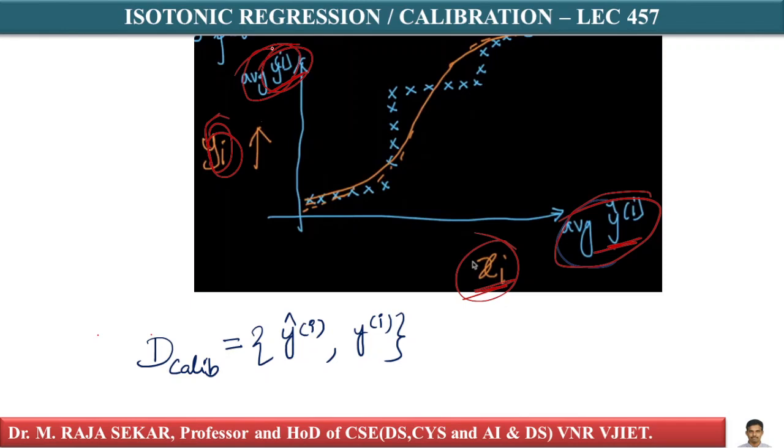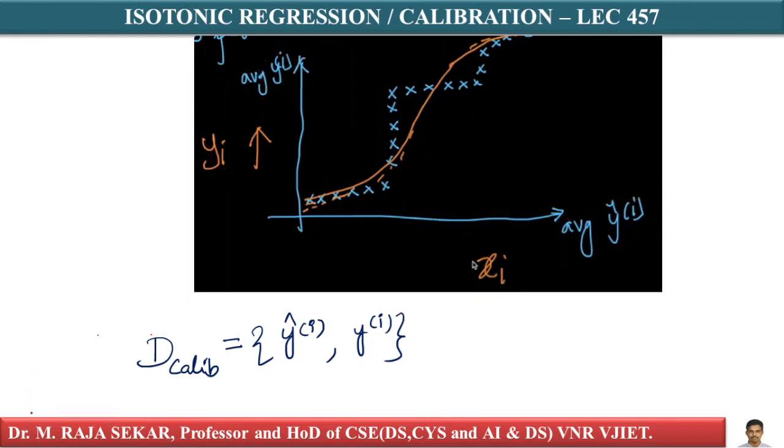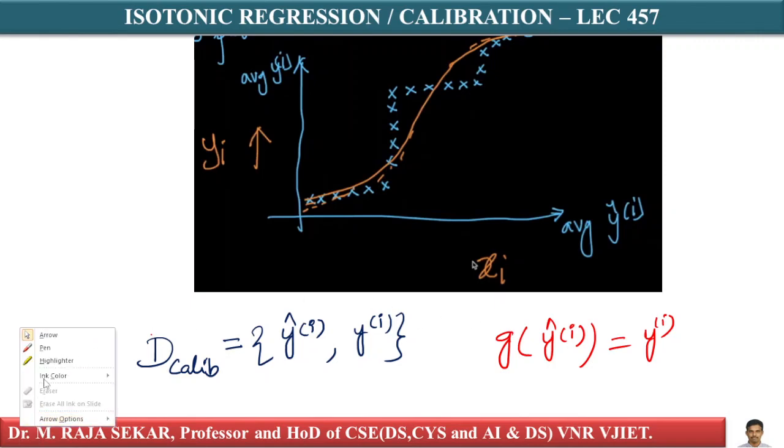What does it mean? We are trying to find a function g that maps from y cap of i to your yi's. That's what we are trying to achieve.